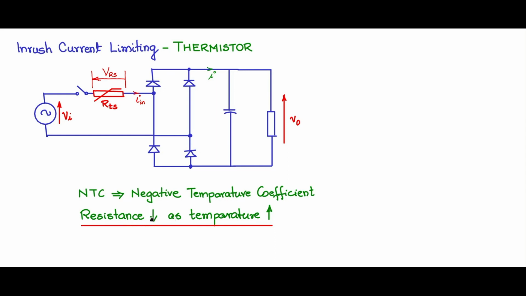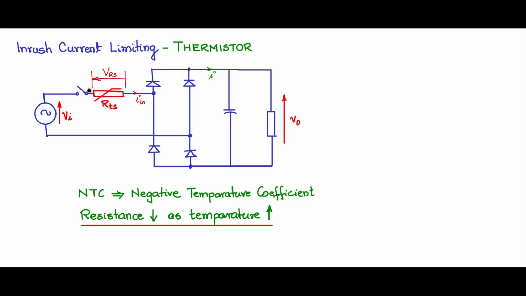What does this mean? Let us say at the time of start, we have not yet closed this, the cold resistance RTS is some value. Now on closing this, Vi by RTS will limit the current. So inrush current is limited and then quickly moves into the steady state operation.